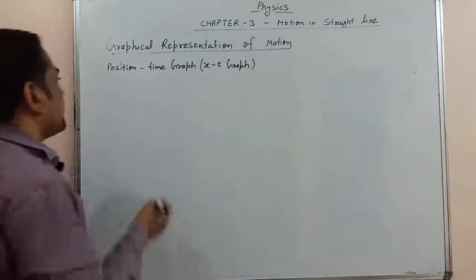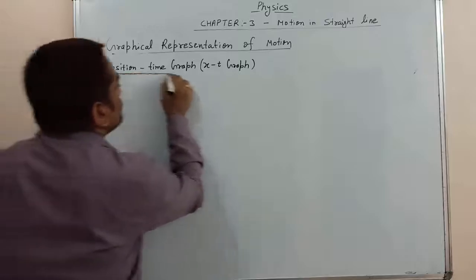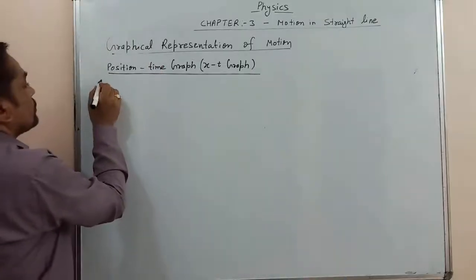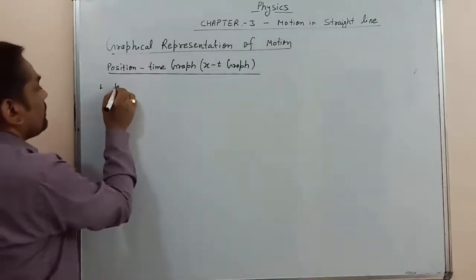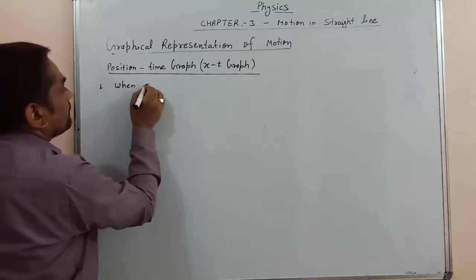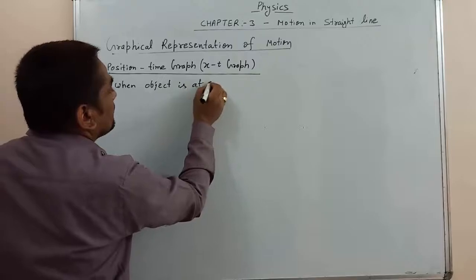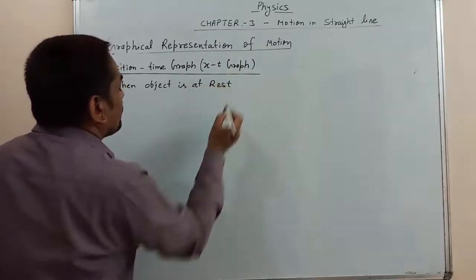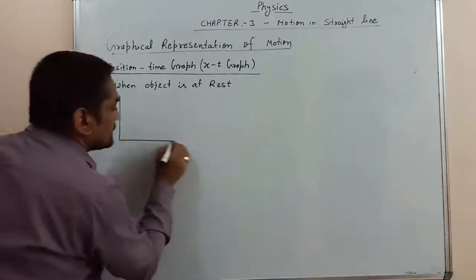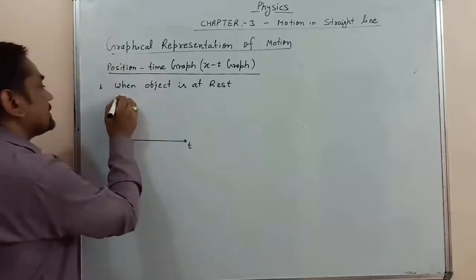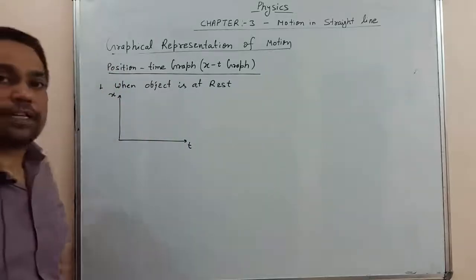So there are different types of position time graph. First, when the object is at rest. This is the time axis and this is the displacement axis.